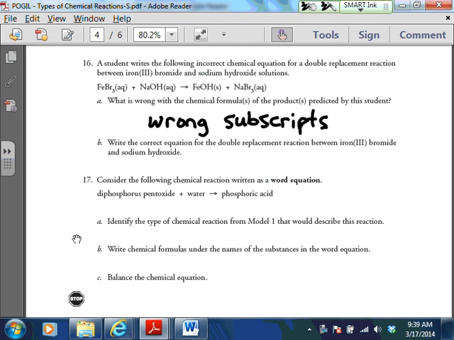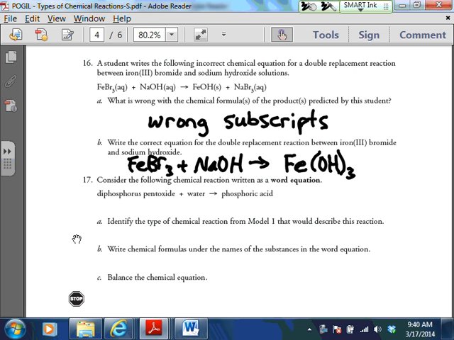So then writing the correct equation, we'd have FeBr3 plus NaOH yields. Is everybody okay with that? Fe(OH)3. Because the iron's a 3 plus charge, the OH is a 1 minus, so then you're going to end up with that.